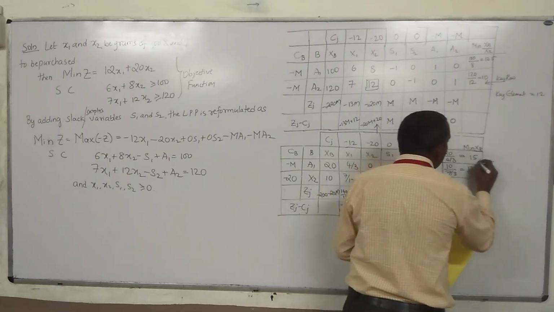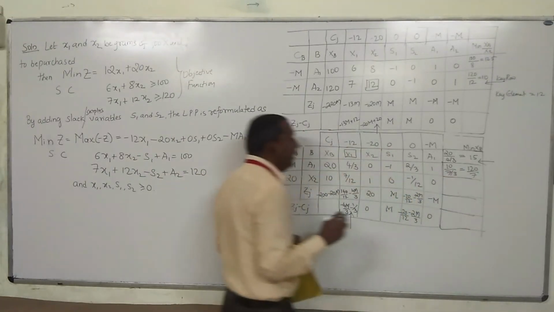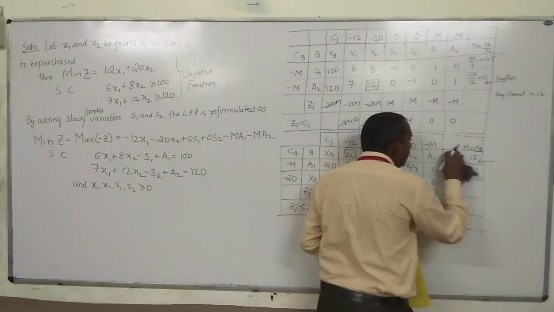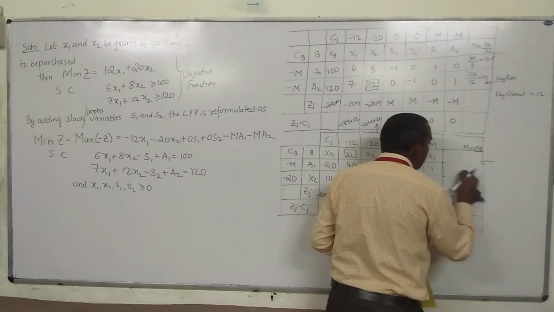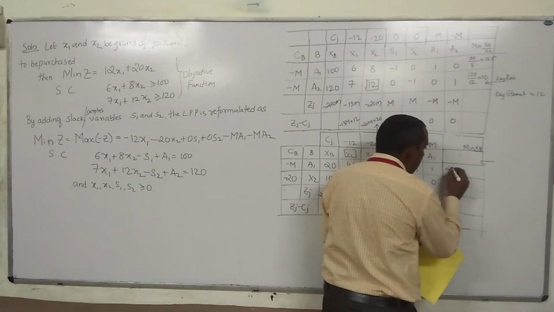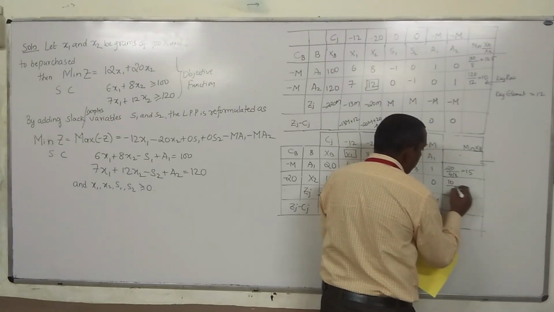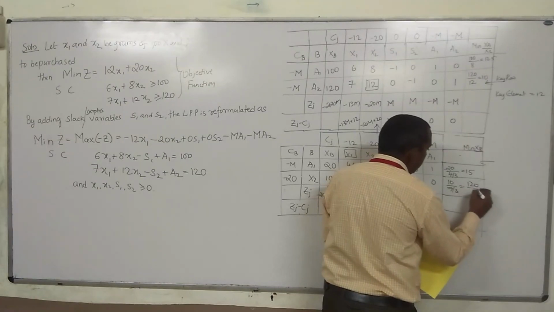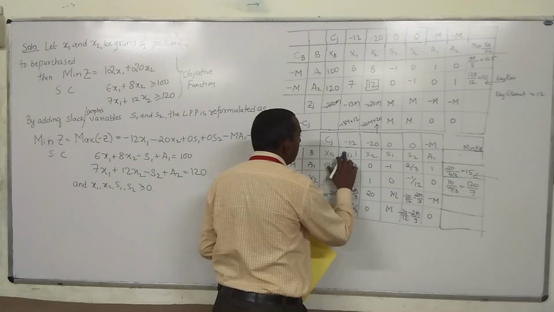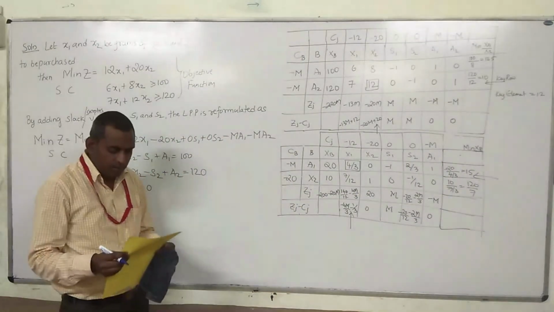So we got the key column and key row, and the key element. Sorry, a small mistake here. This is 20 divided by 4 by 3, it is 15, and 10 divided by 7 by 3, it is 120 divided by 7. So this is the minimum value, and this is the key element. Fine? Key element.